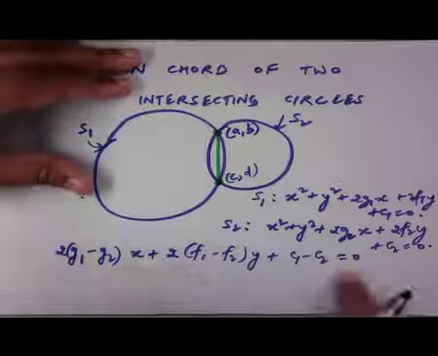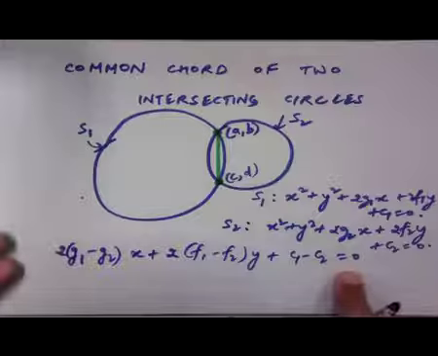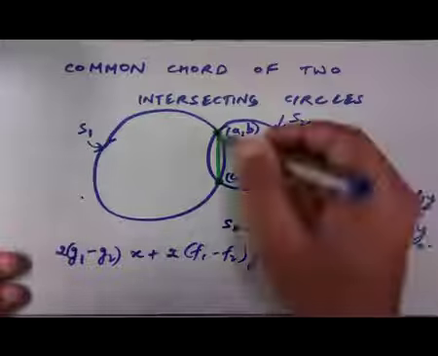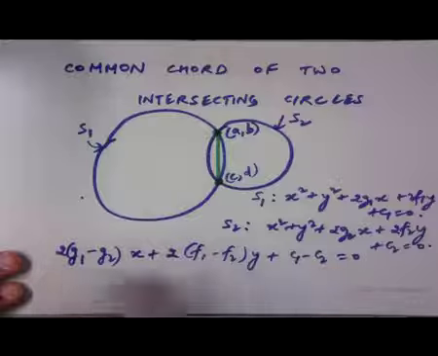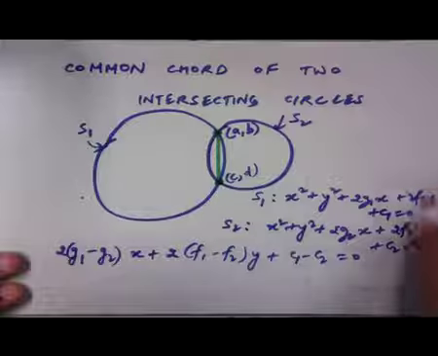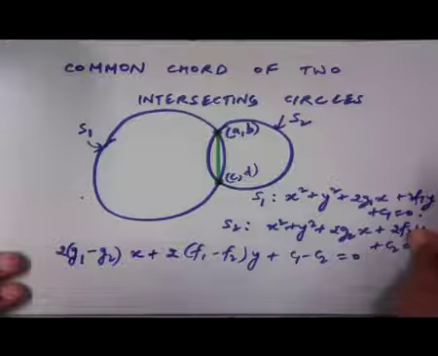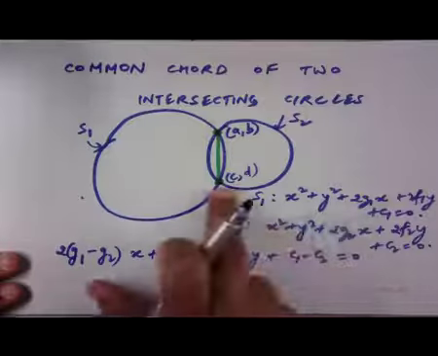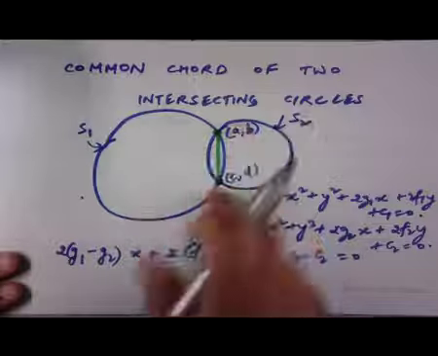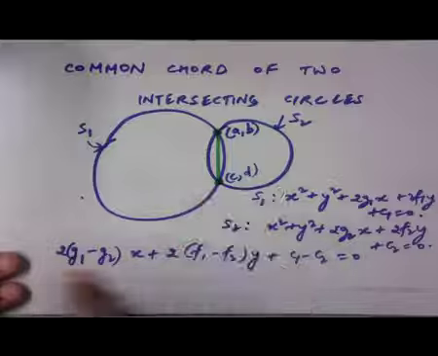Now, this equation is the equation of some straight line. Clearly a comma b must satisfy this equation, because a comma b satisfies both these equations. Similarly, c comma d, the other point of intersection of these two circles, will also satisfy this equation.